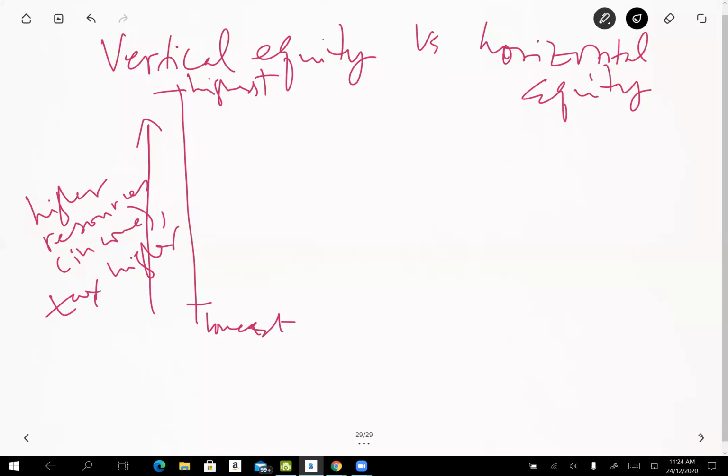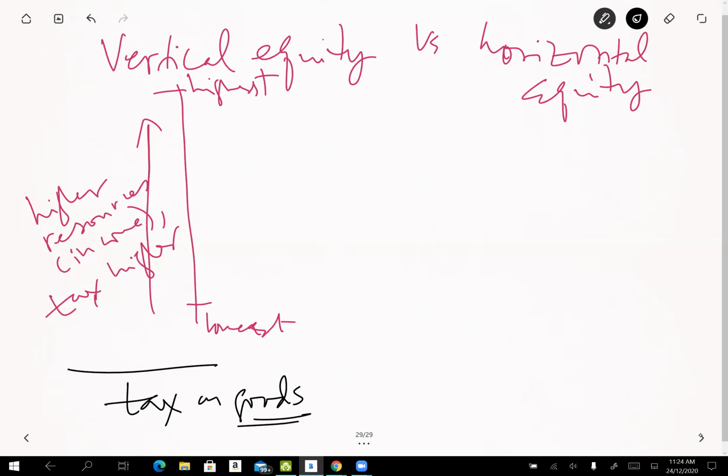How does it apply to tax on goods and services? The higher income group pays higher taxes than the lower income group. How can you apply this principle to the tax system of goods and services? Expensive items get taxed more.